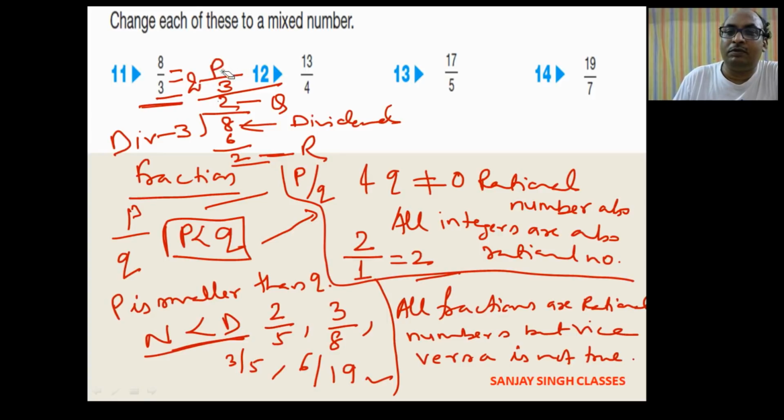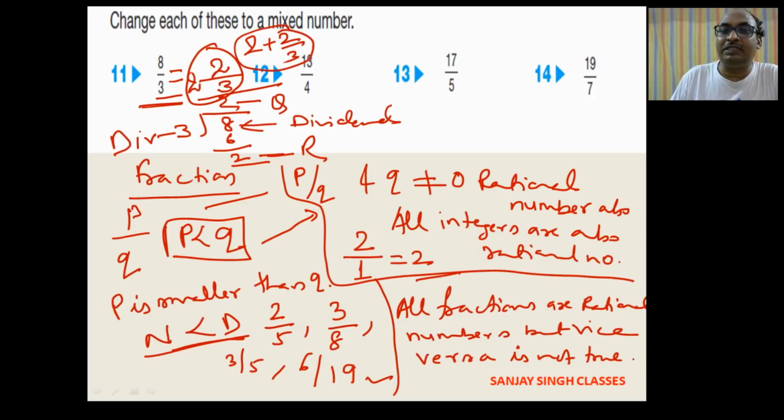So in this case it will become 2 and 2 by 3, which is actually 2 plus 2 by 3. In this form we can write it.